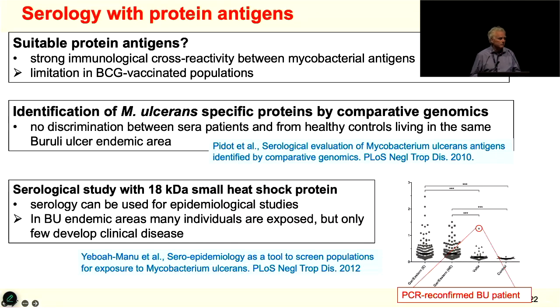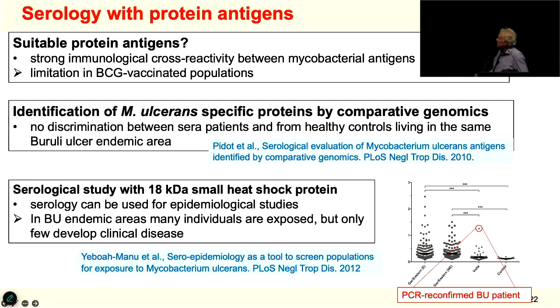Tim has identified a set of Mycobacterium ulcerans specific proteins, and some of them were in fact immunogenic enough to see a response. But the disappointing point was that there was no differentiation between patients and healthy individuals living in the same endemic environment.